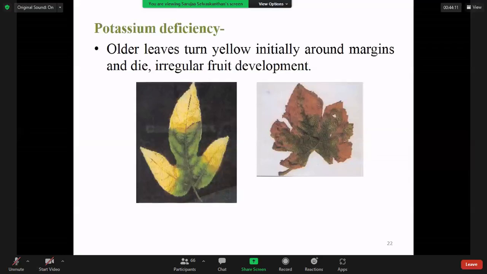I am asking these questions because you have to answer with certain terms: purple coloration, yellowing, green to yellow. Like that you have to answer. General poor growth is common to all nutrient deficiencies, but these specific symptoms you have to note. If you write these words, that's enough for you to get marks.